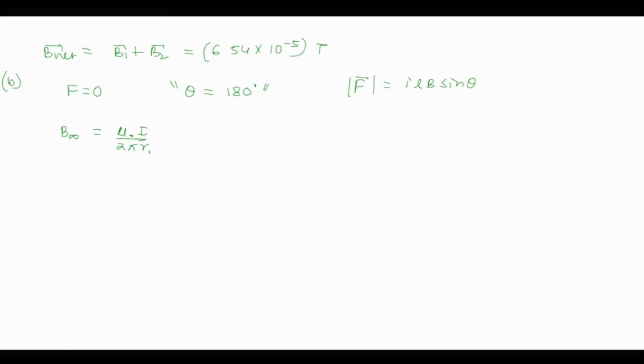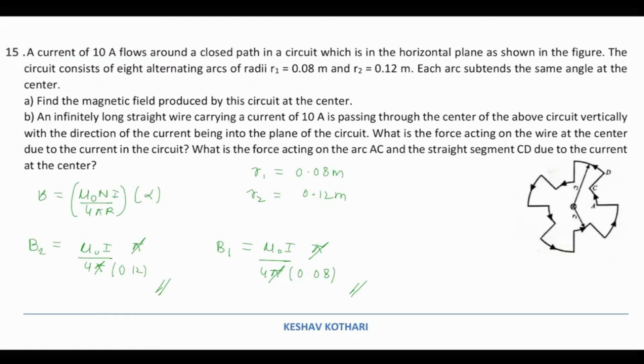Now if we look at the diagram again, on AC, the direction of the magnetic field on any small segment is going to be tangential. So if the current carrying wire is directed into the plane of the screen, like this, then the magnetic field which it produces at any point at a distance r1 is going to be tangential, something like this, with the direction of magnetic field B vector like this, along any point which is in the radial direction.